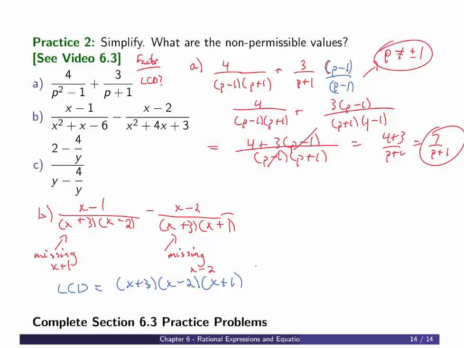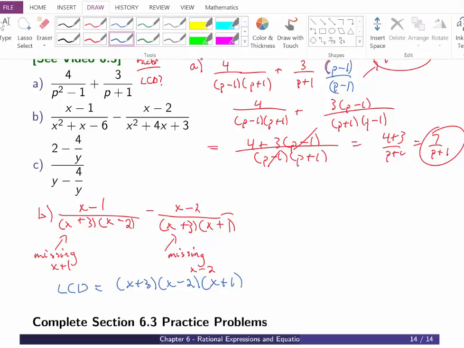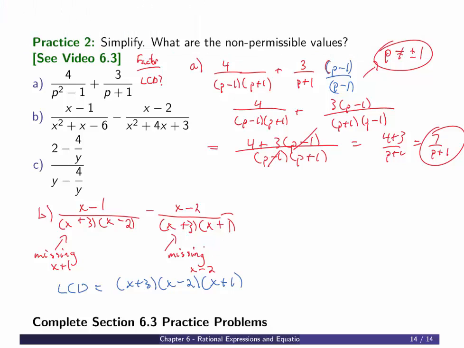Basically, we're going to try to make both denominators this LCD. So we're going to multiply the left side by x plus 1 and the right side by x minus 2. This will give us x minus 1 in the top, okay, times x minus 1.